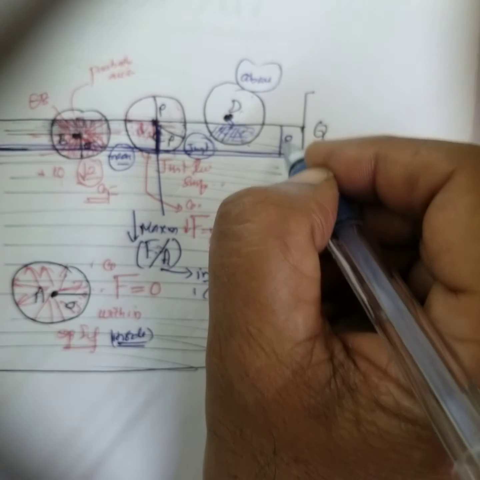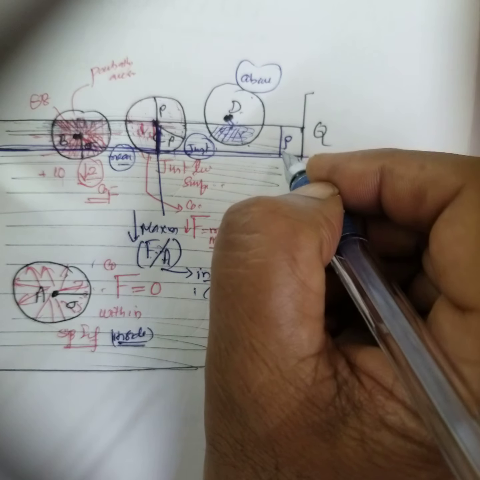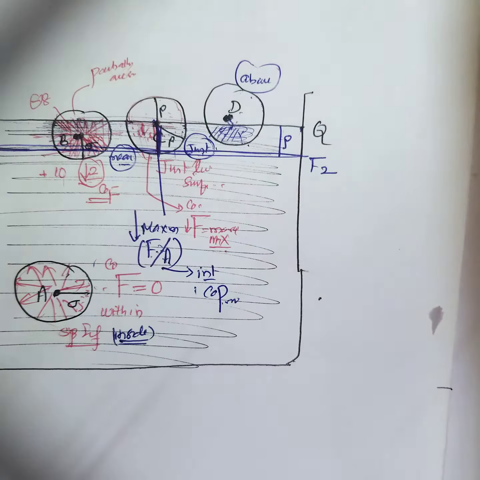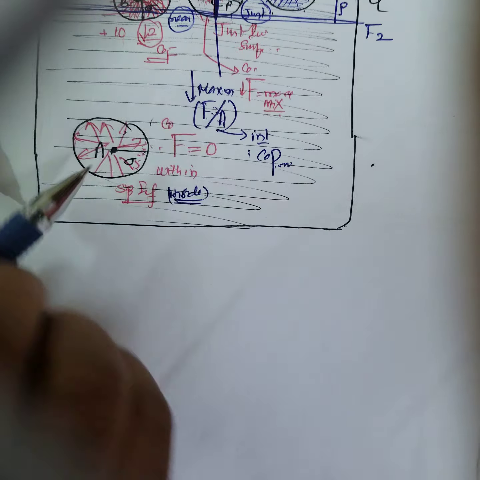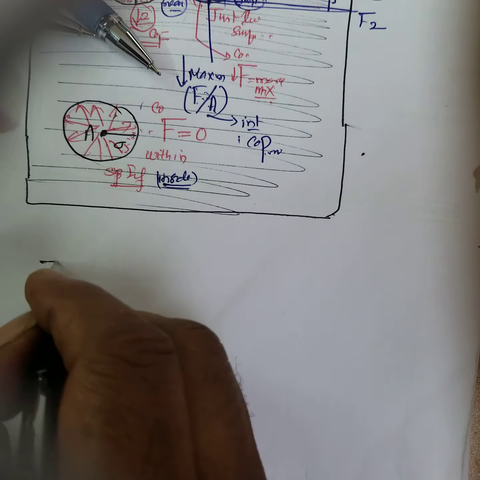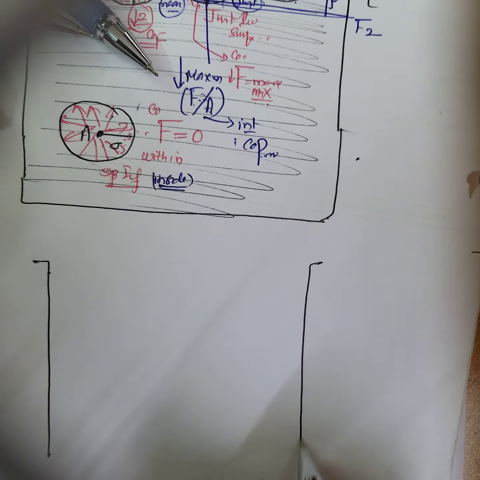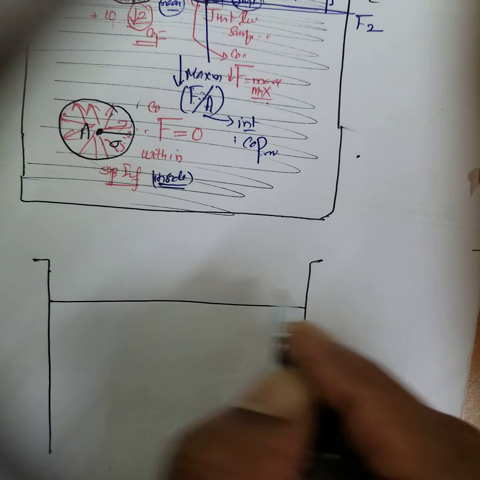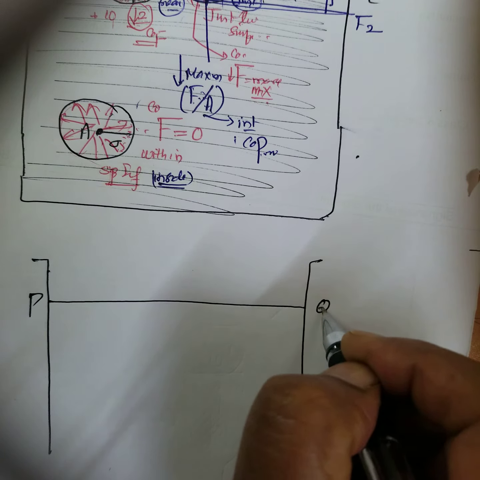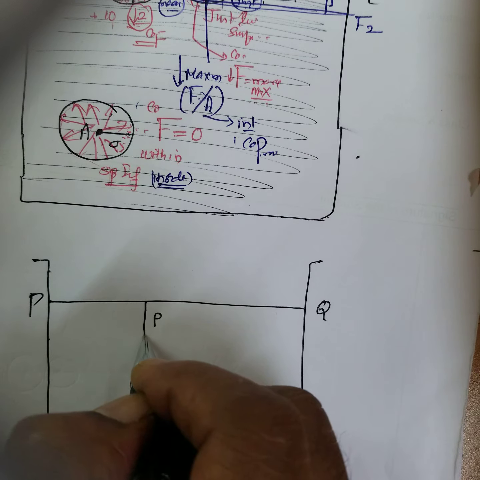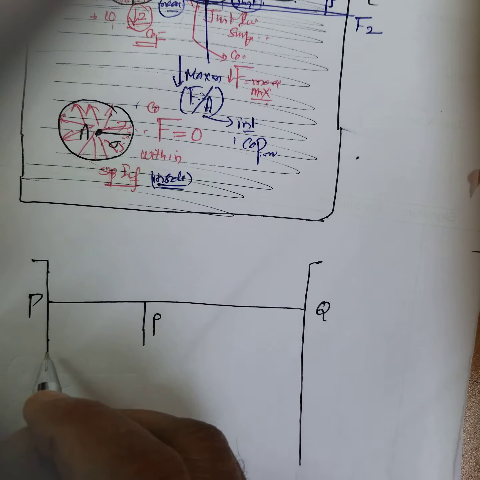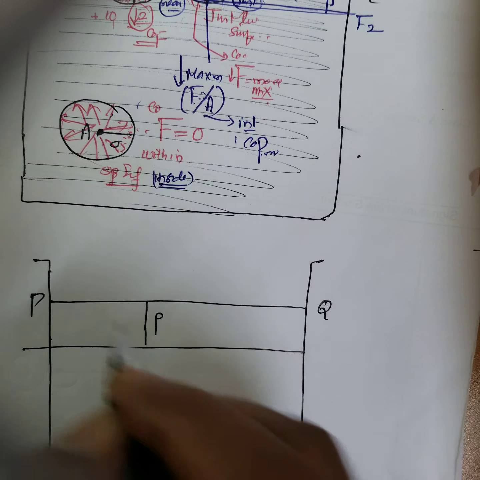That is the range, right? Range of this, okay? Now this I will write separately for you. Look, I will consider this alone. This is PQ. Then this is a range. Okay. See.